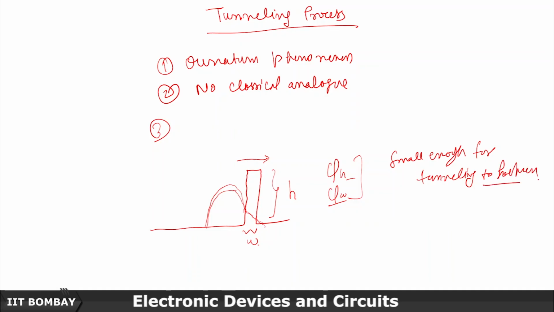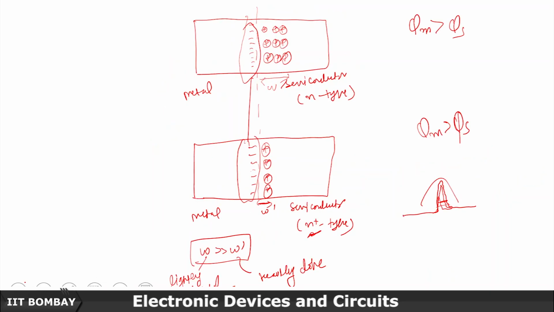So we can exploit this tunneling in this case by using a very thin depletion region by controlling the doping, and we can convert this metal semiconductor junction, in the case of heavy doping, despite having phi m larger than phi s, into an ohmic contact, okay?